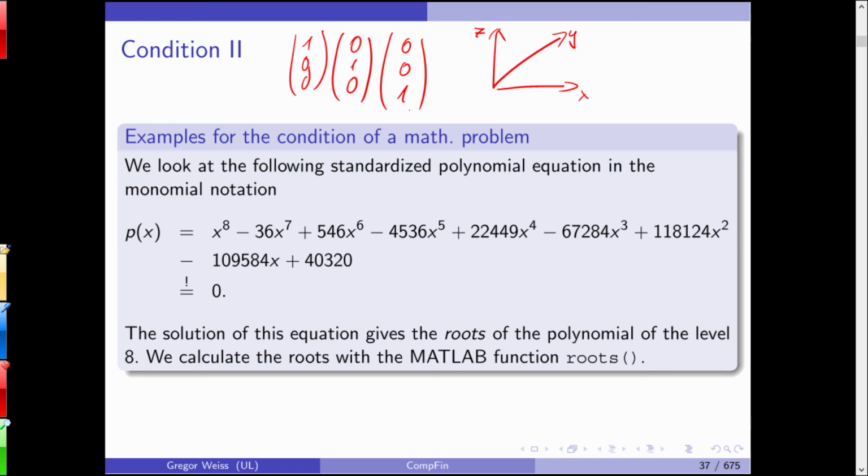It's the same in the polynomial space. If you take the polynomials, you also get basis polynomials: 1, x, x squared, x to the third, and so on. And any polynomial function can be represented as a linear combination of these basis polynomials. This is school knowledge.